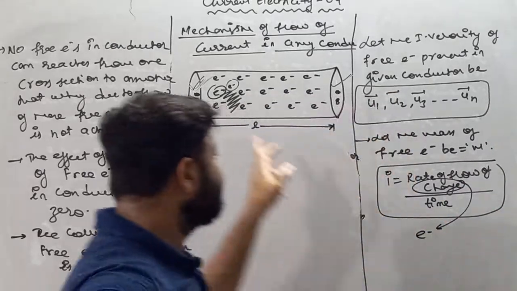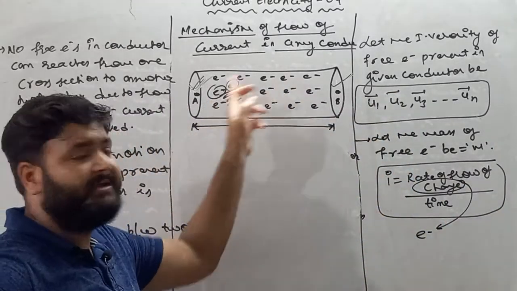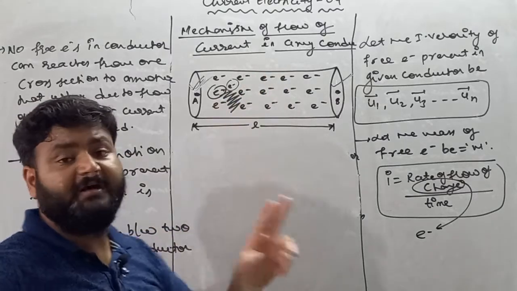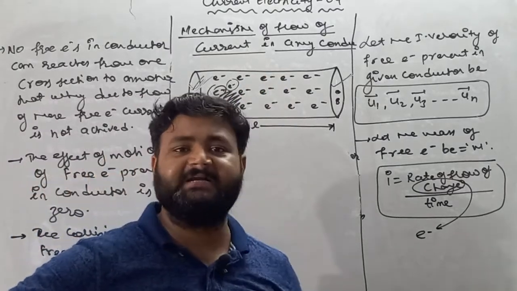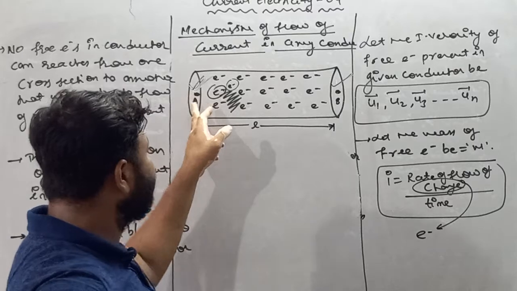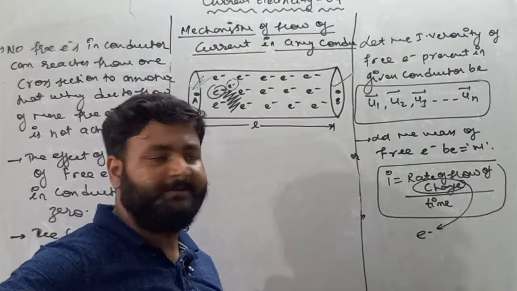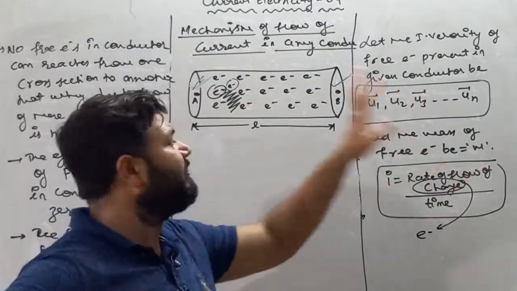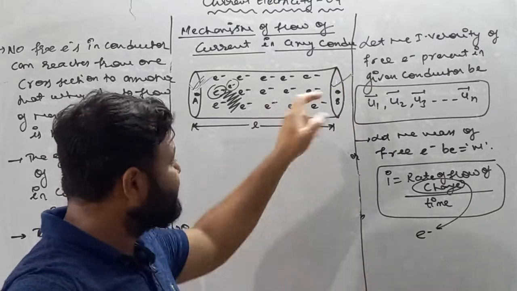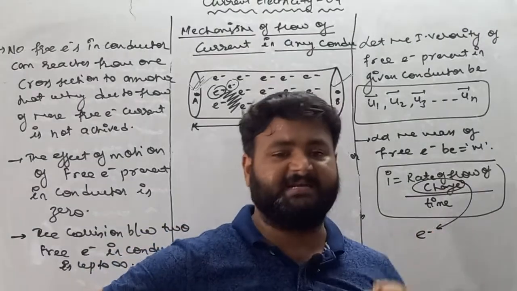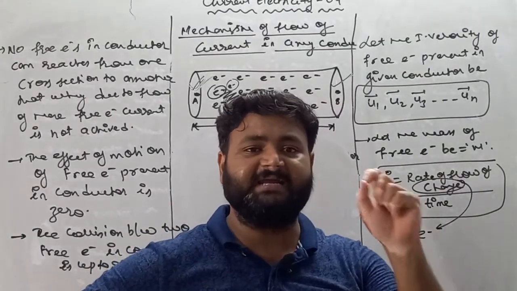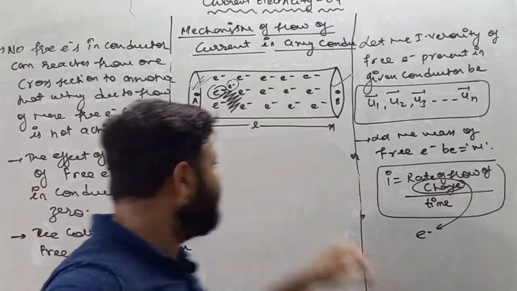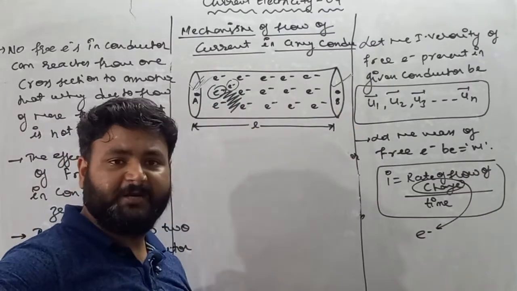But here, my dear student, electrons are moving in this wire, but no current is defined. Why is no current defined? Because no free electron can reach from point A to point B, as a large number of collisions take place inside the conductor between free electrons. So no free electron can reach from point A to point B.